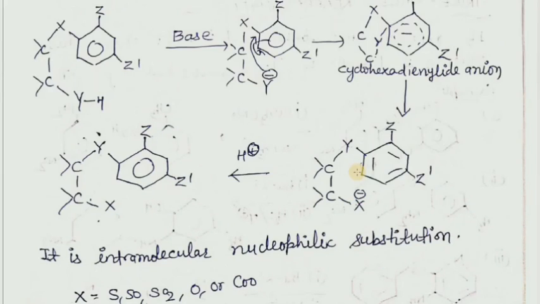This cyclohexadienyl anion gets stabilized due to the presence of these two electron-withdrawing groups Z and Z dash, and in the last step, this H plus gets attached to this X. So here it is XH. It is a mistake.